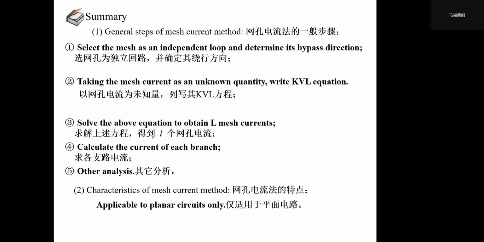But the KVL and the KCL laws still stand, even for three-dimensional circuits, because those methods come from the conservation of energy and the conservation of charge. So that is not constrained by what kind of space you're in, a planar space or a solid, three-dimensional space.